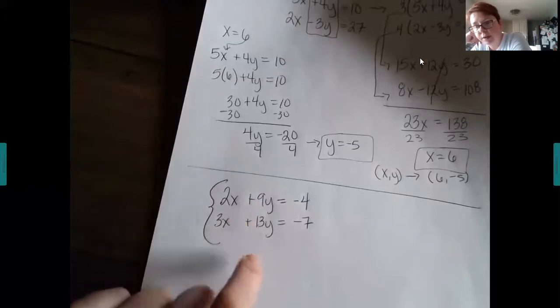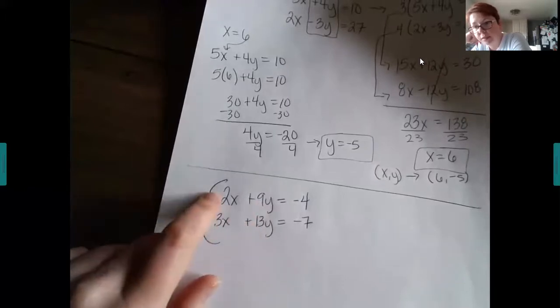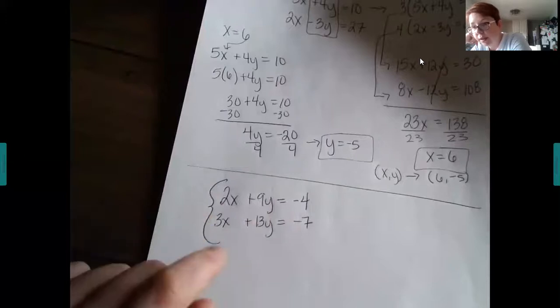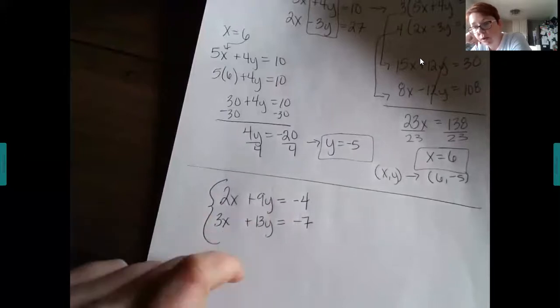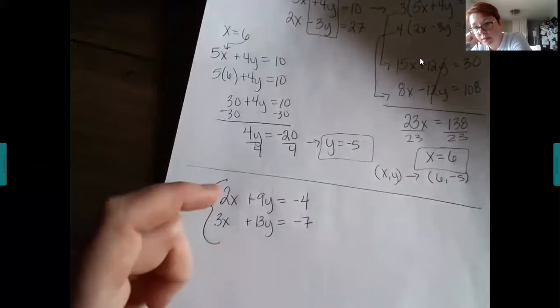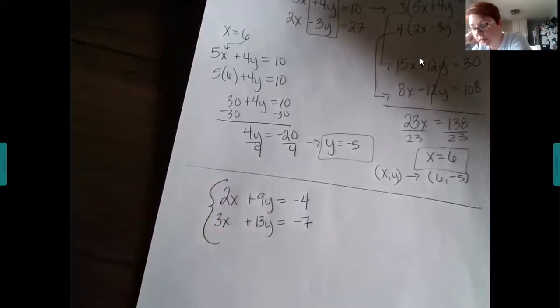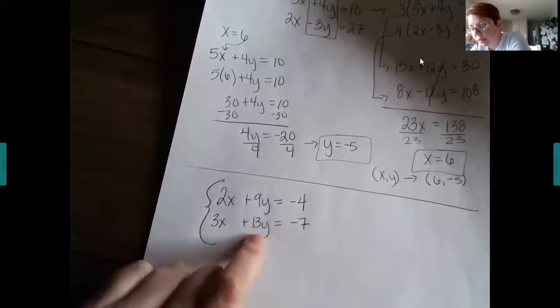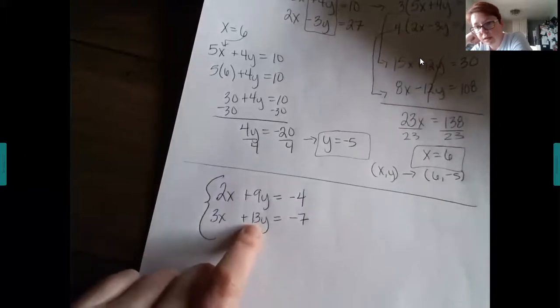This means, again, I'm going to have to change both of these lines to make either my x coefficient the same or my y coefficient the same. Hopefully one's a plus, one's a minus. I'm not too skilled on the multiples of 13. I can get there, but, you know, again, path of least resistance.